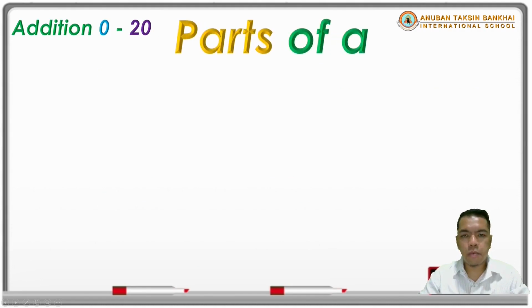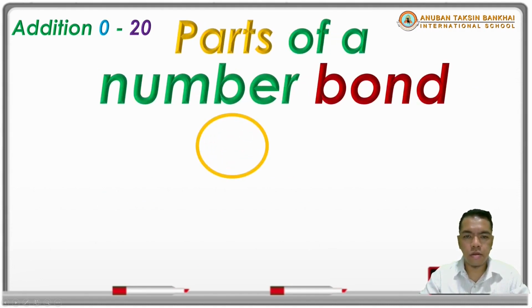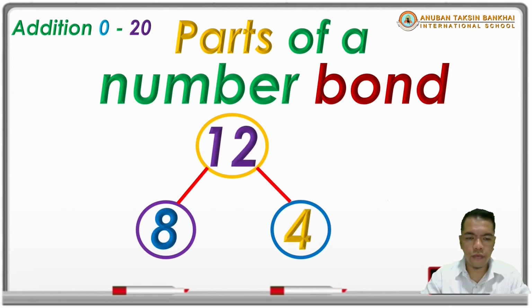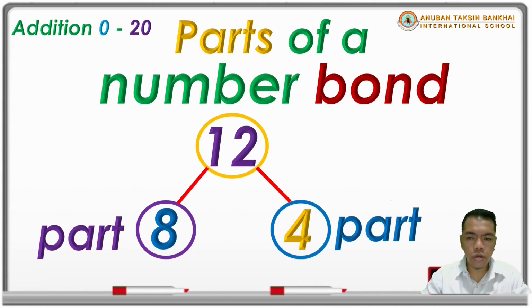Let's review the parts of a number bond. We have 3 circles connected by 2 lines. We have here 8, 4, and 12. The first circle is called part. The second circle is called part also.